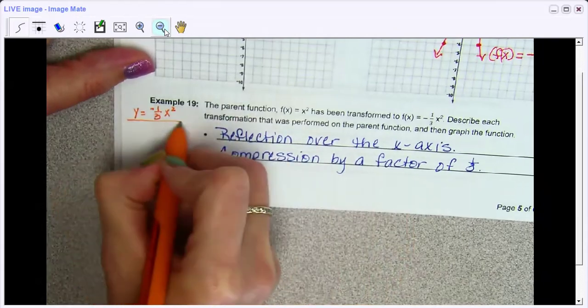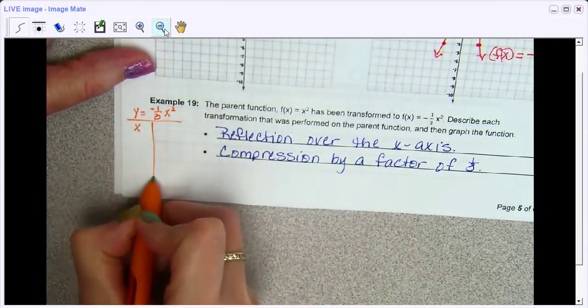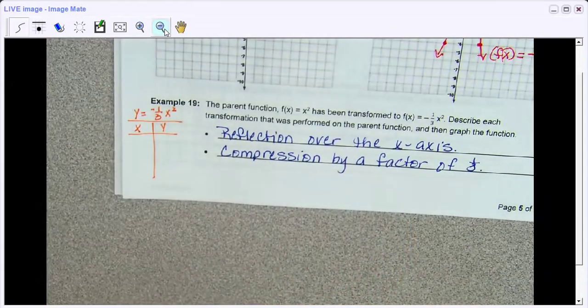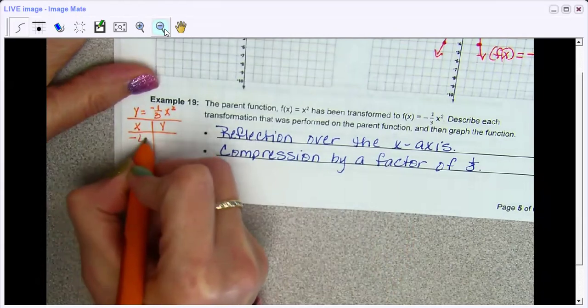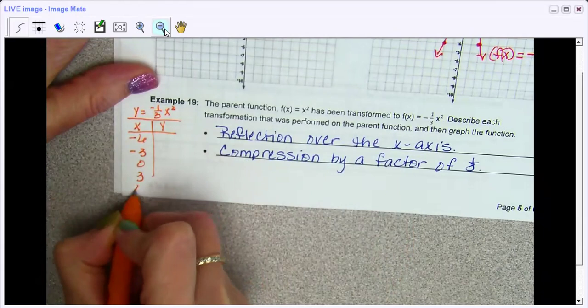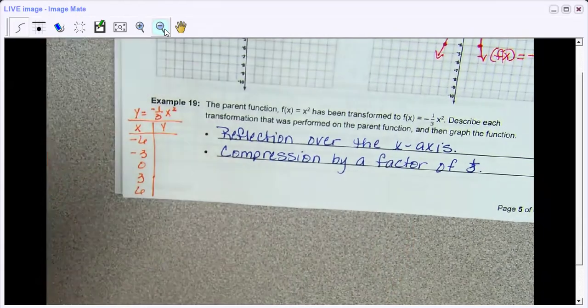And so we're going to have our x and we're going to have our y. Now remember, because this is a fraction, we want to use factors of 3. Yeah, we're going to use -6, -3, 0, 3, and 6. Okay.